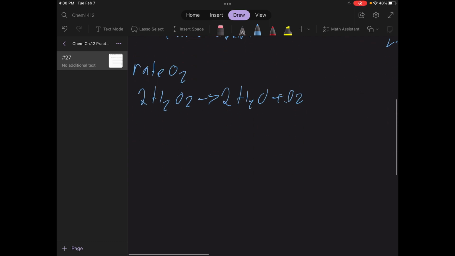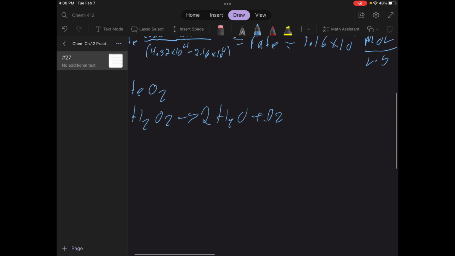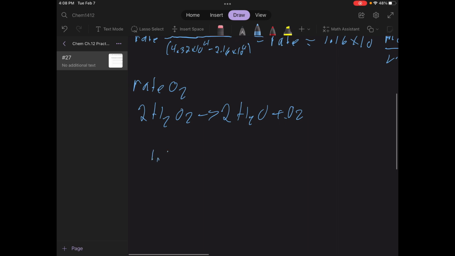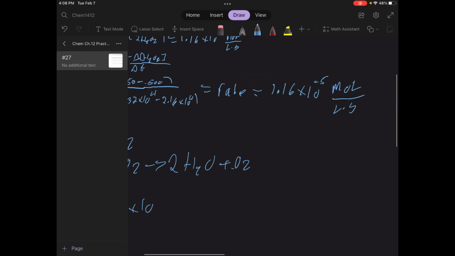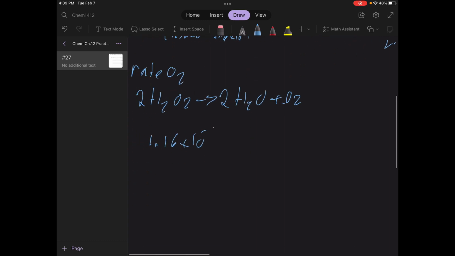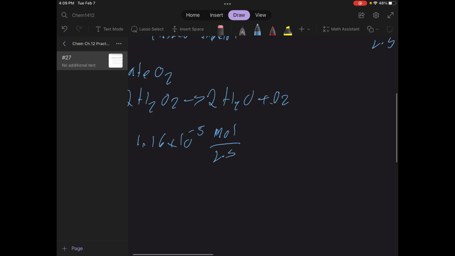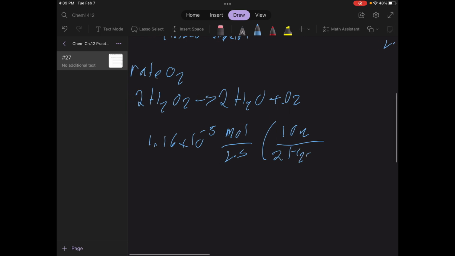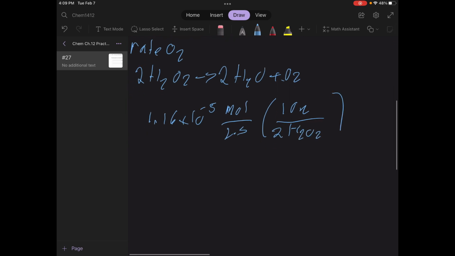Using our mole ratio, we know our rate is 1.16 times 10 to the negative fifth mole per liter second. And using our mole ratio, 1 O2 is produced by 2H2O2. Again, we're going to divide by 2.